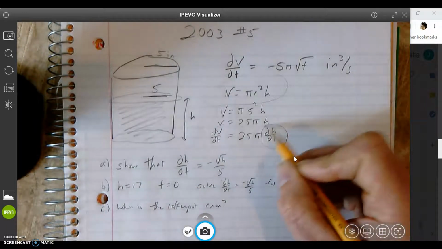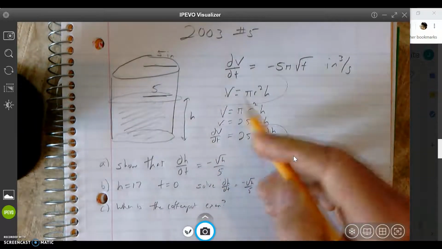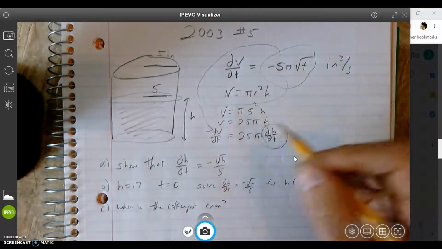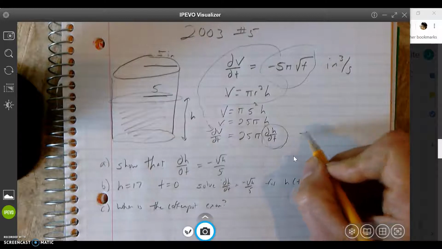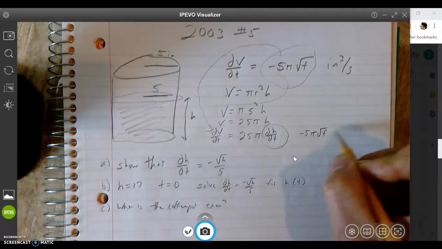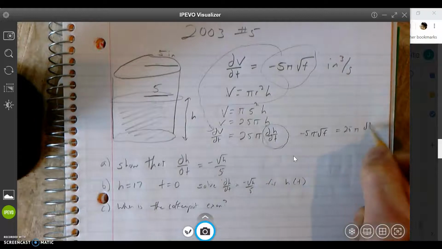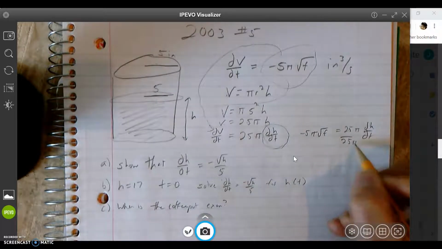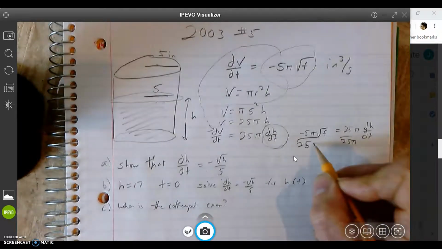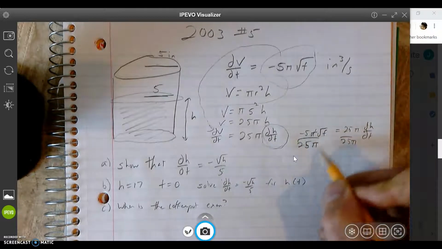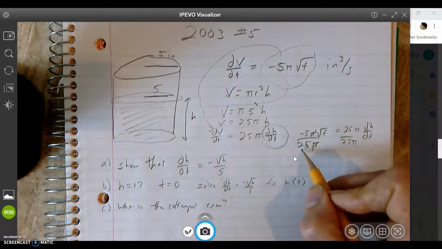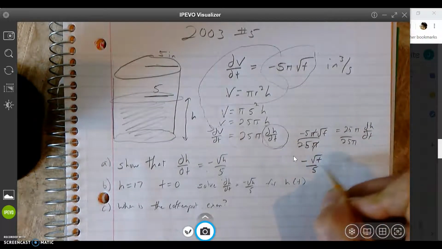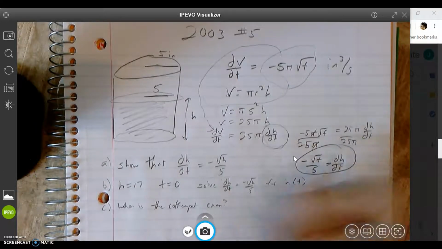This is what we're solving for, because we need to make it look like this. So dV/dt is this stuff right there, which goes right there. So I get -5 pi radical h equals 25 pi dH/dt. Solving for dH/dt, divide by 25 pi. Pi divided by pi is 1, and -5 divided by 25, divide that by 5, and you get negative radical h over 5 equals dH/dt. Boom, and that looks like this.